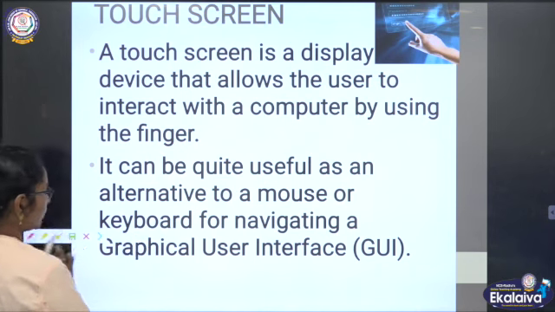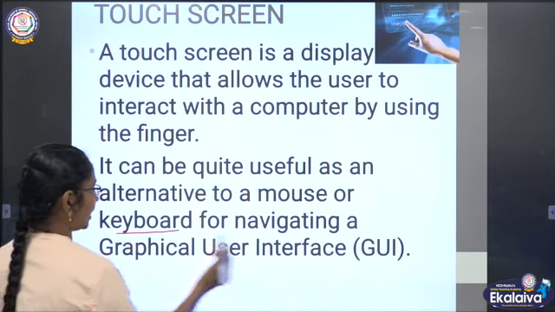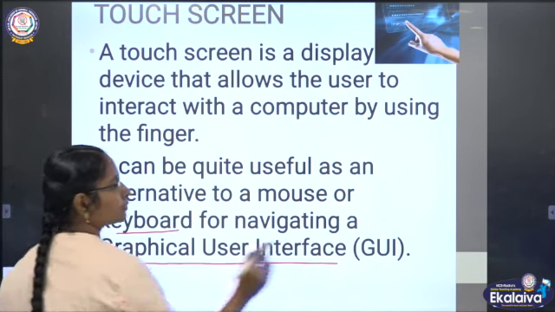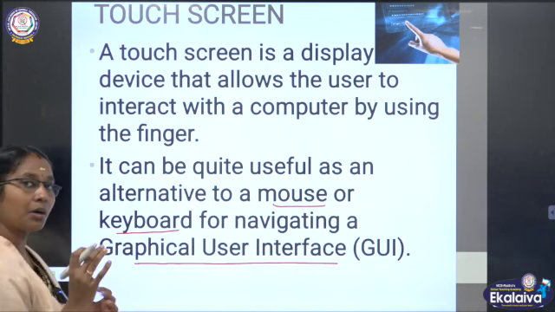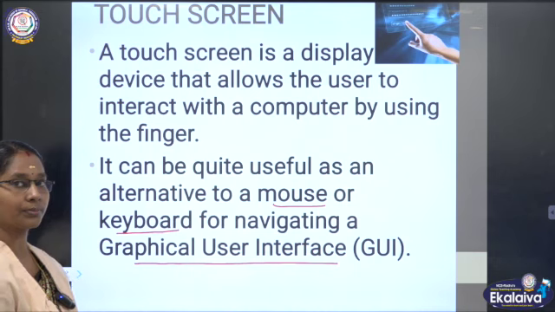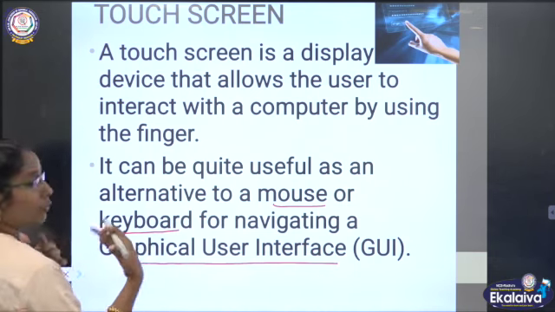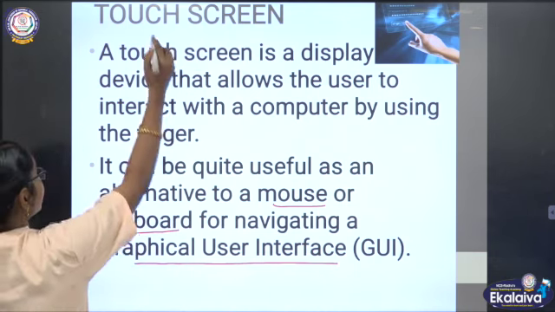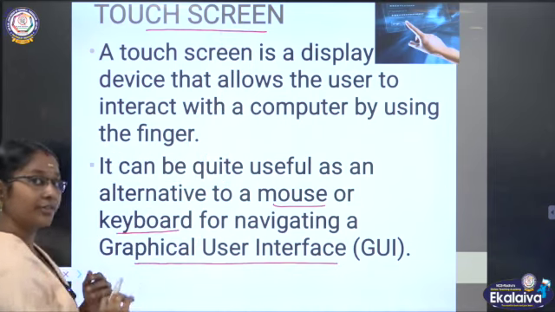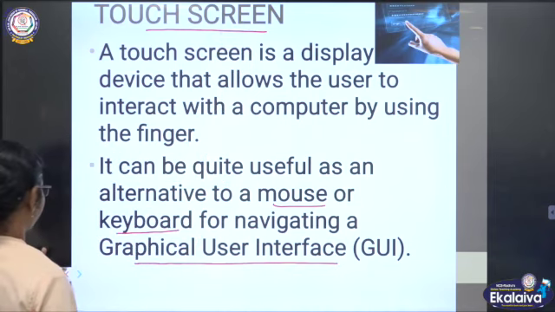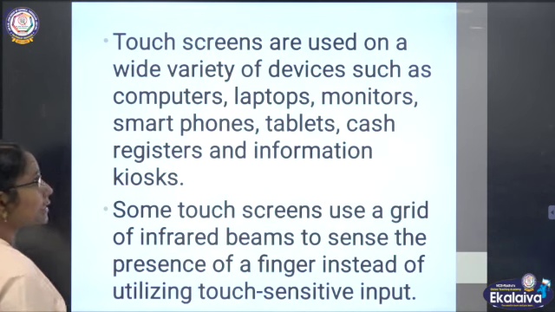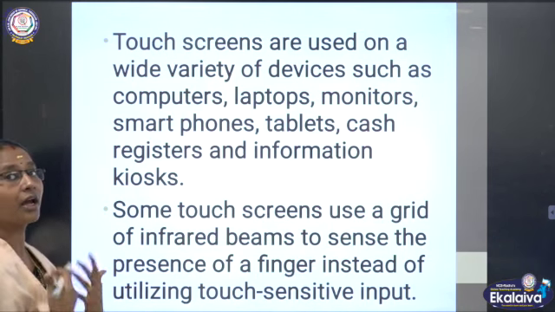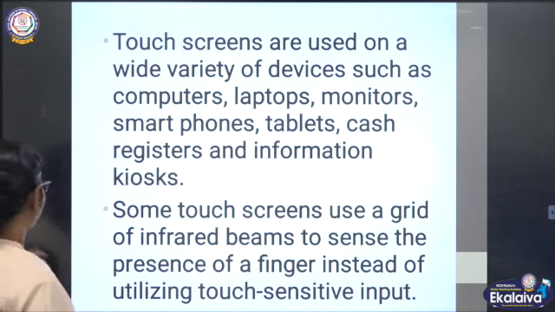Keyboard for navigating graphical user interfaces. So here they will activate with the mouse as well as the keyboard. For the alternative purpose, they have introduced touch screen. So where are we using the touch screens?